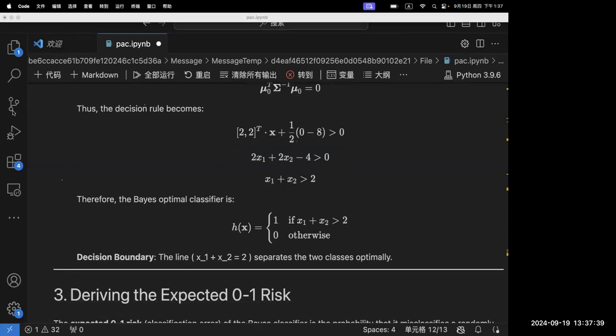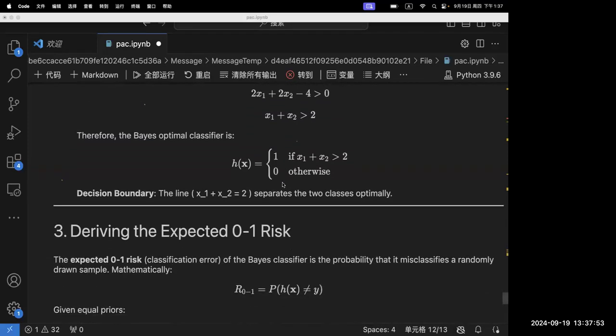So if you just rewrite this equation here, you can obtain parameters for the linear regression model, right? So this line basically corresponds to the linear regression model.